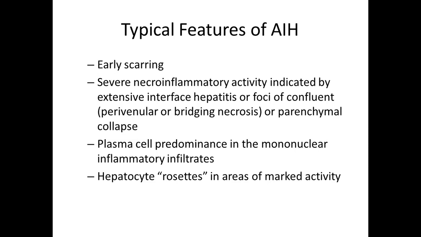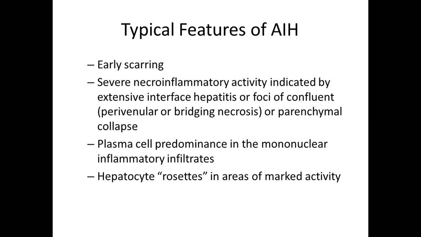Necrosis is usually mainly involving the portal tract if it is a chronic process centered there, and then it extends into the surrounding areas, and active hepatitis or interface hepatitis is very remarkable.